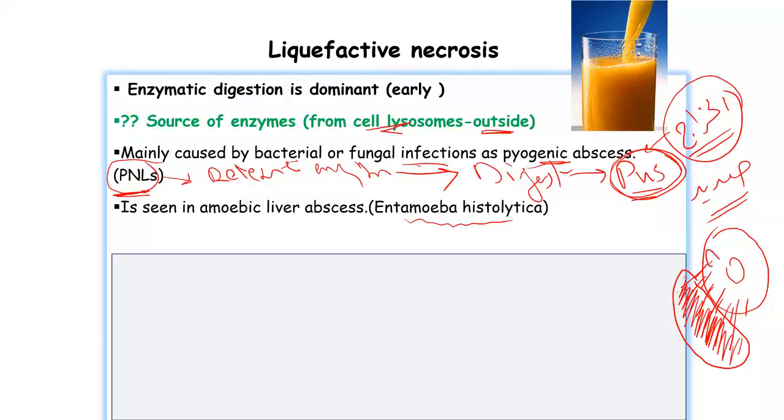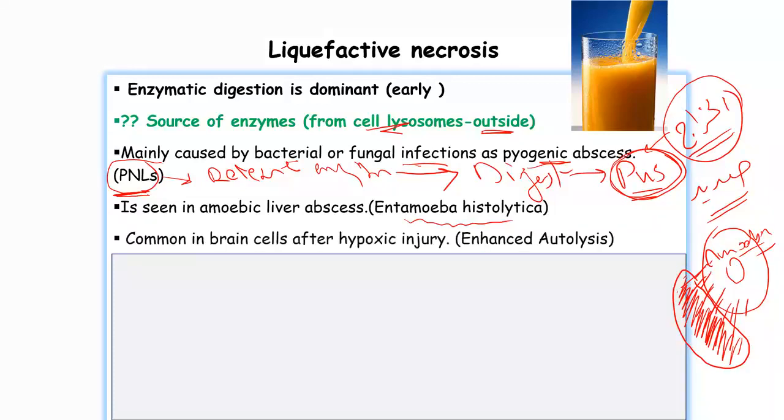They attach to other cells, kill them, and then liquefy these cells. And so the source of enzymes that cause liquefaction of the necrotic tissue comes from the amoeba this time. So in amoebic liver abscess, the source of the enzymes that causes the enzymatic digestion and liquefactive necrosis is the Entamoeba histolytica itself.